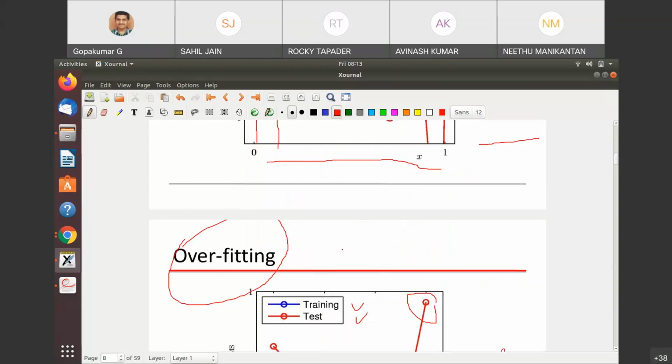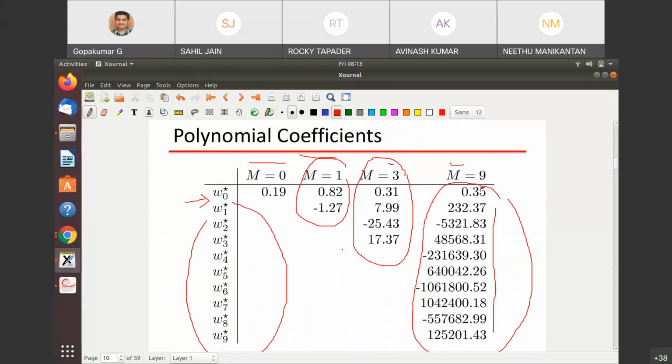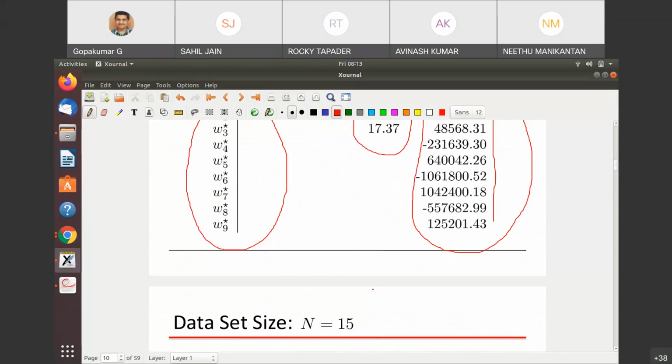These 10 points are the size of the data set that we have. So we have only 10 points for training, or for building the data set.